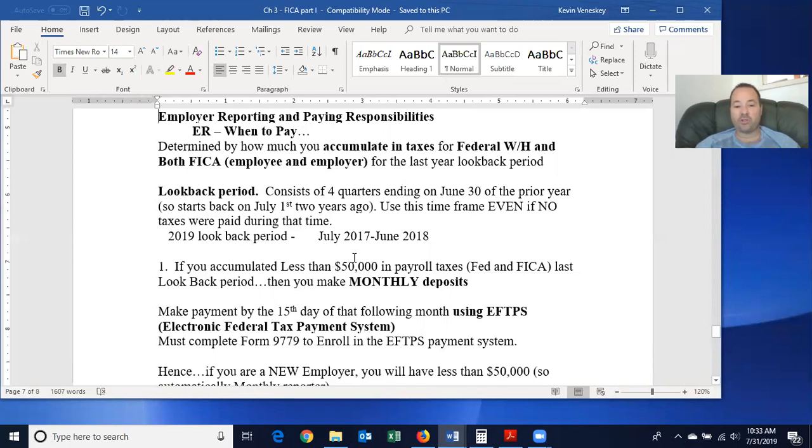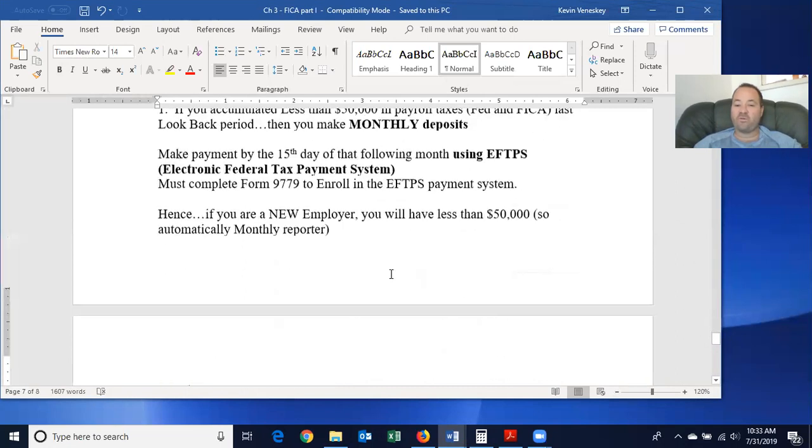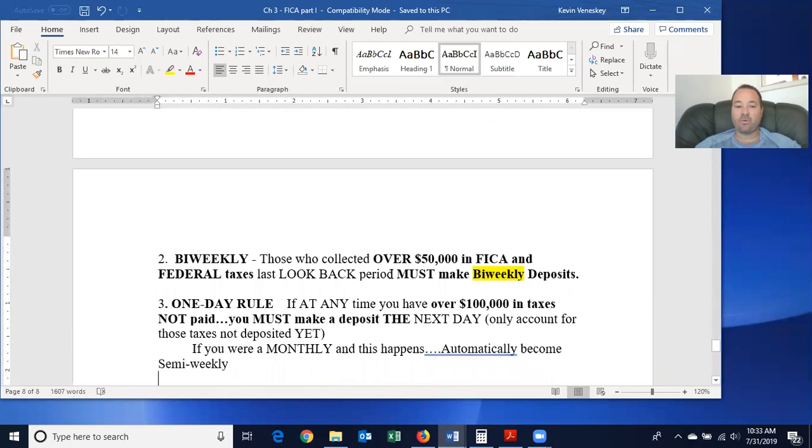If you paid or should have paid $50,000 or less in payroll taxes, that includes all 3 now, the Fed and the FICA, then you only have to pay those 3 taxes once every month. If you collected more than $50,000, then you have to pay bi-weekly. Okay, so every other week instead of every month, you have to make payments.